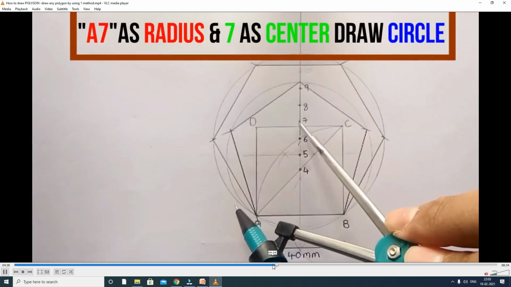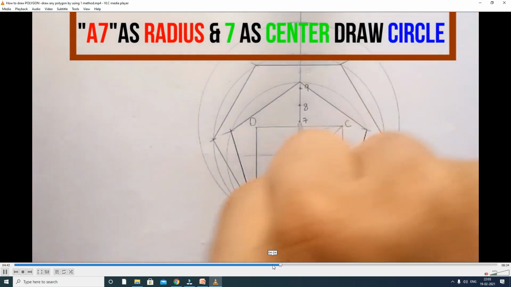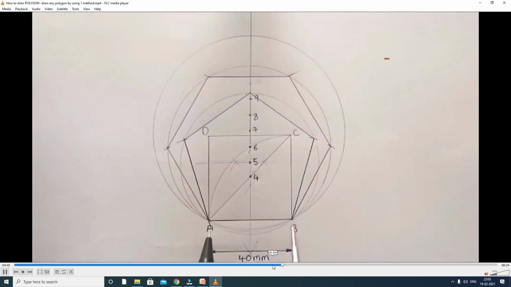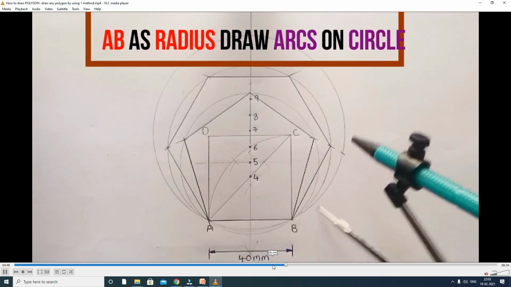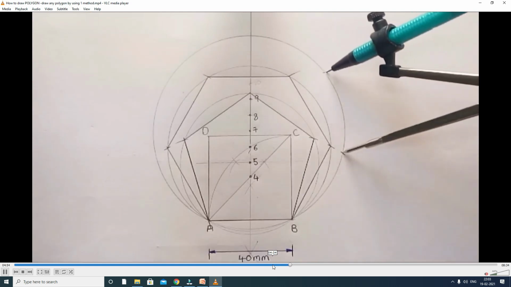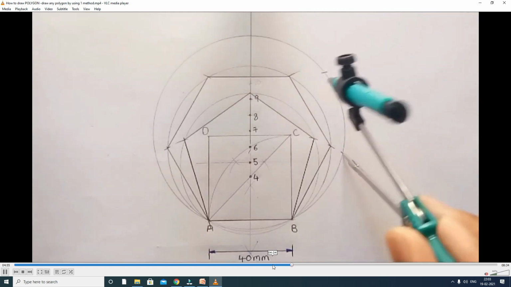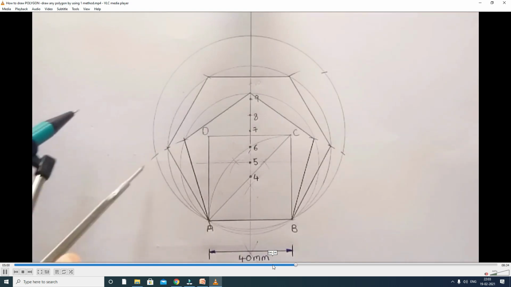Now you observe. Now you take the same, 7 is the center. 7 to A corner touches 7 to A and B. Touch the end points and take the same side distance A to B. Draw the arcs also, total circle.